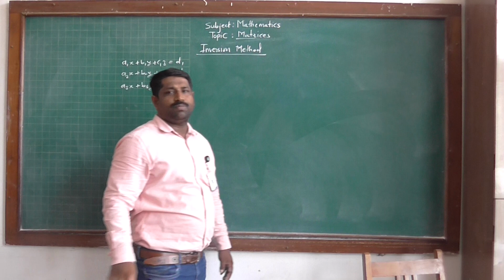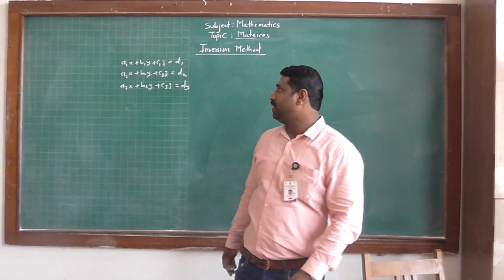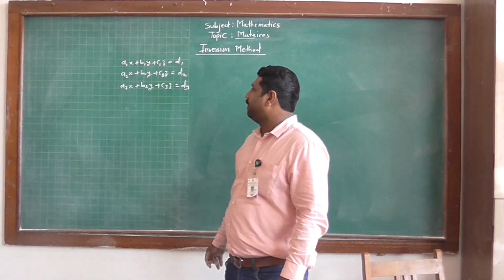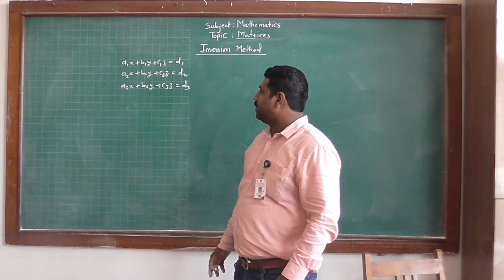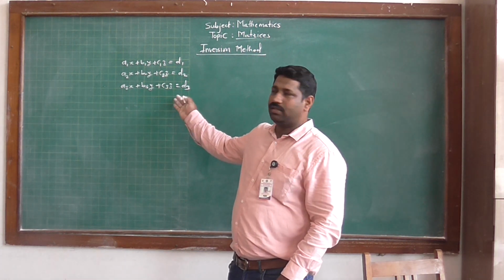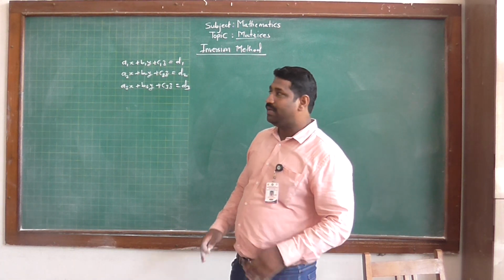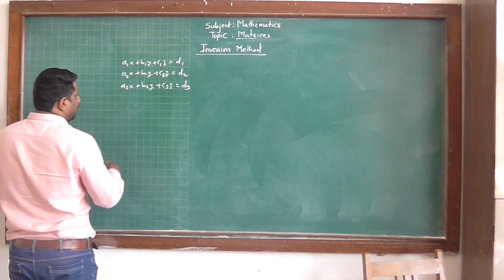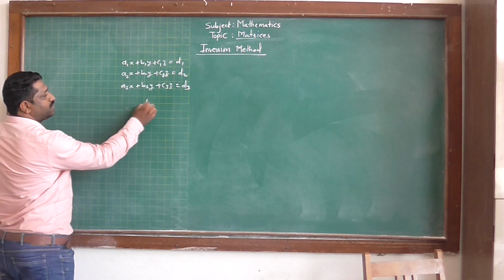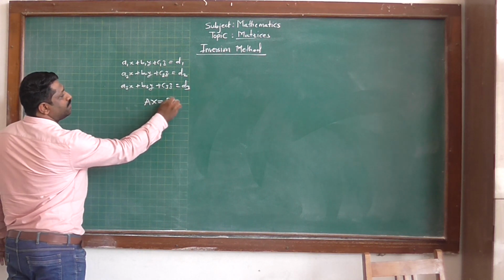So this is a system of linear equations in three unknowns, the general equations. Now in the reduction method we have solved such types of equations. Now in the inversion method we again put this equation in matrix form as AX is equal to B.